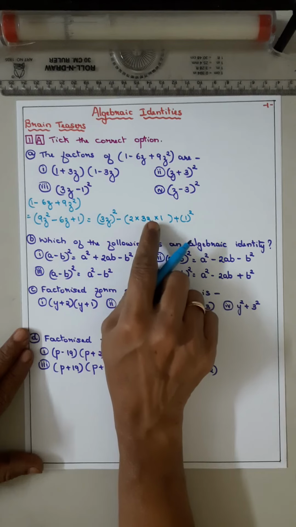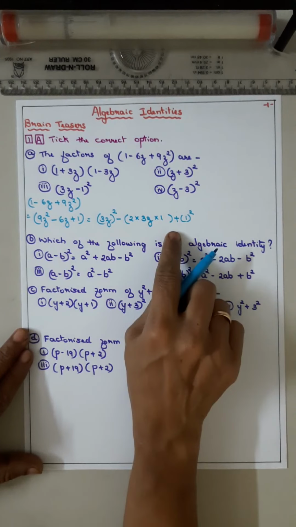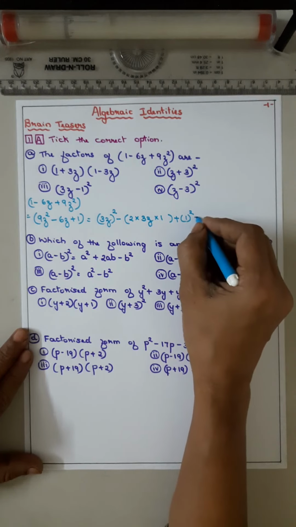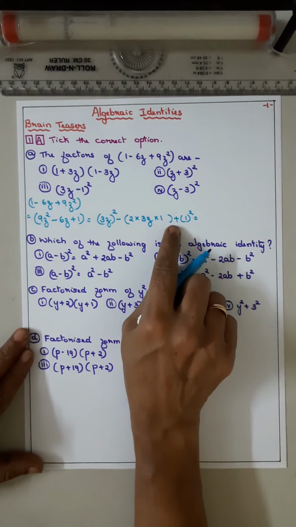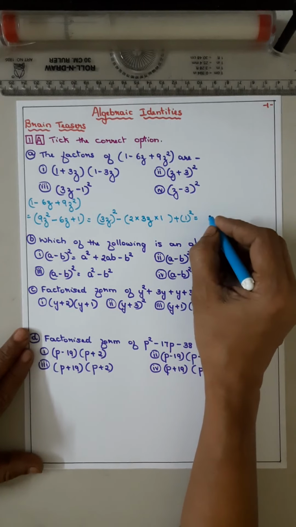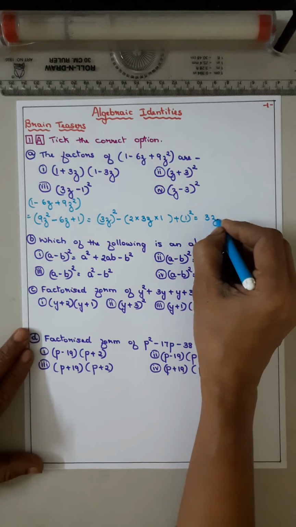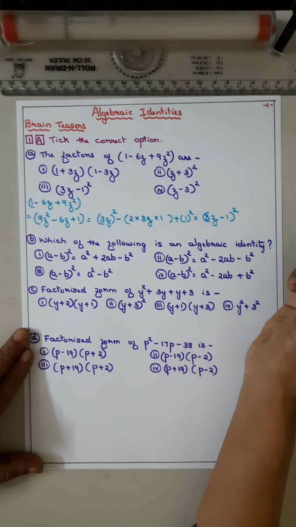Minus 2, 3s are 6, 6 1s are 6z. Yes. So now which form is this? It is a squared minus 2ab plus b squared. Second identity, isn't it? So this can be written as 3z minus 1 the whole square.